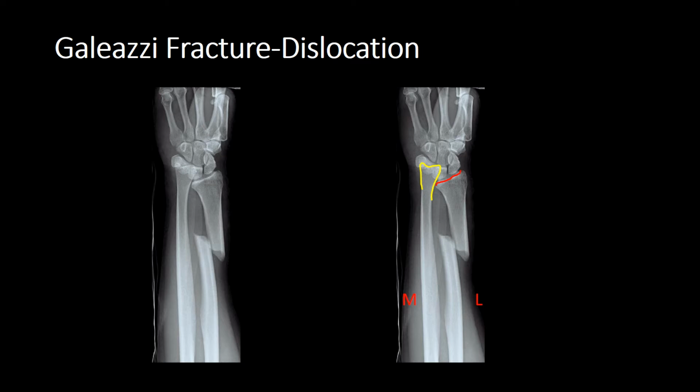We can see here that if we know that our radius is on our lateral aspect and the ulna is on the medial aspect, we can see that the distal fragment of the radius has displaced laterally with marked overlap of the two fracture fragments. If we look, we can see the head of the ulna, which has no relationship to the distal radius, and therefore we can tell that it's dislocated.